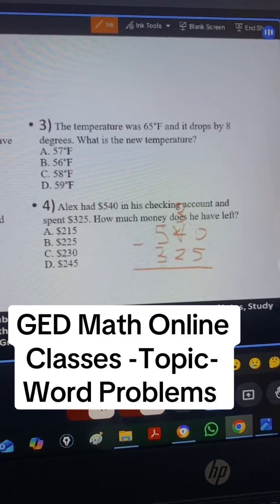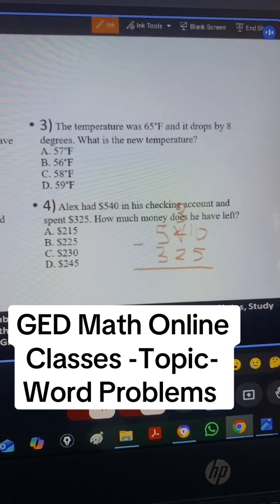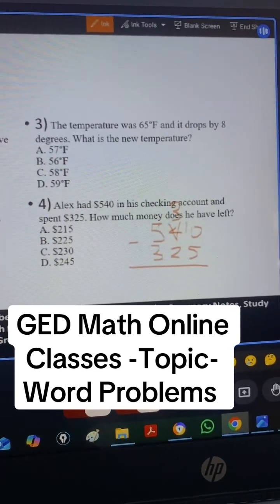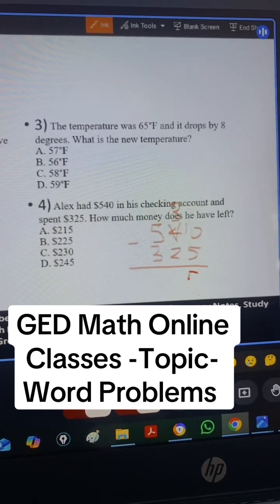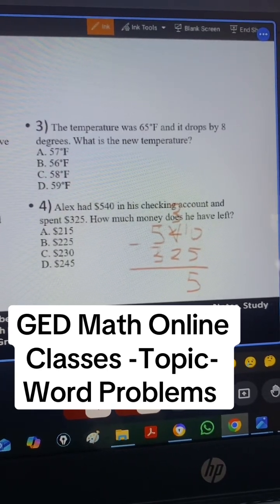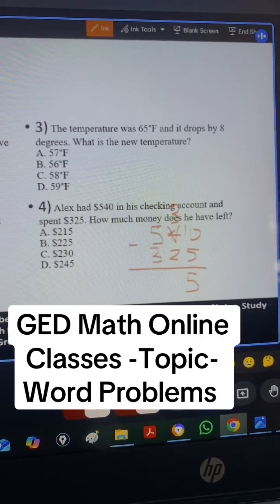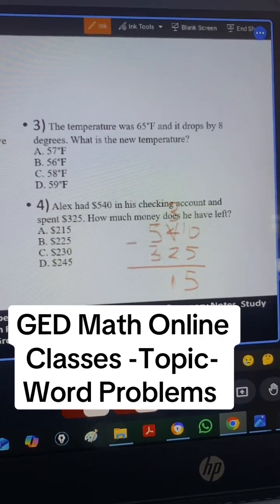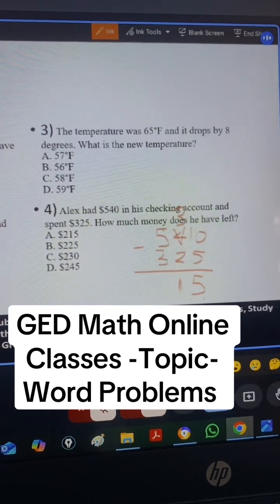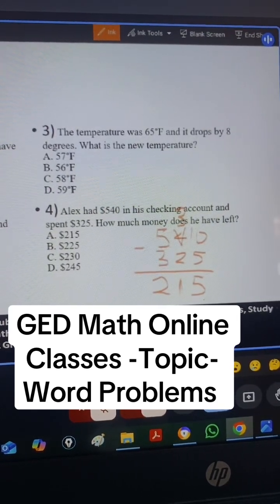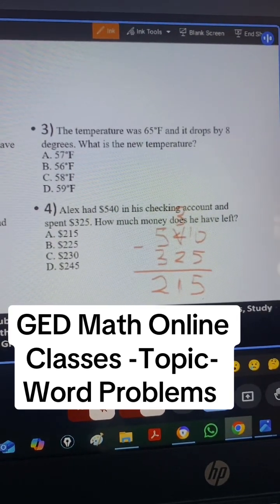That 1 we borrowed, we add it to 0, it becomes 10. 10 minus 5 gives us 5. What we have left is 3. 3 minus 2 gives us 1. And then 5 minus 3 gives us 2. So the amount he has left is just $215.